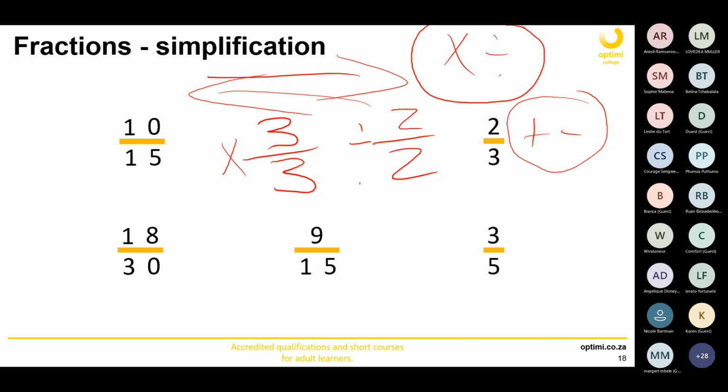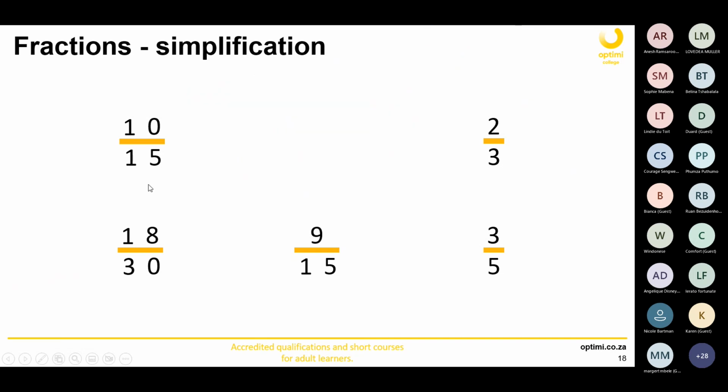That now becomes important, because it means if a fraction is 10 over 15, I can take the 10 and divide it by 5, take the 15 and divide it by 5, which is 5 over 5, which is 1.